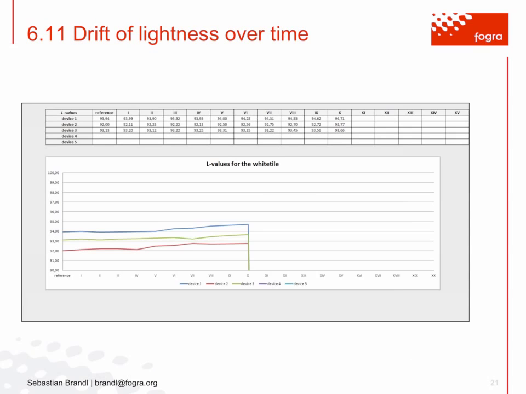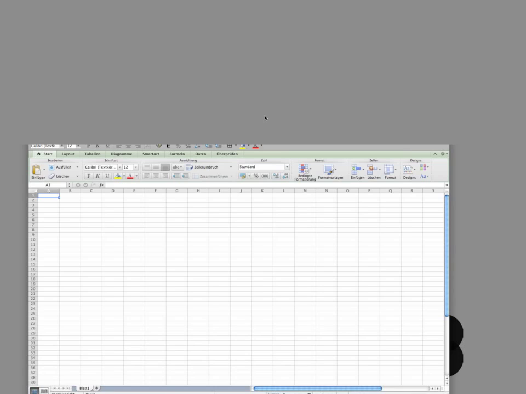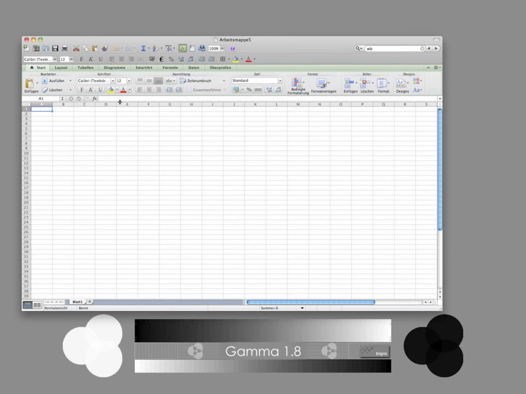And here it is enough to just compare the reference readings, because if something changes over time, you will see it in the first analysis. You see the differences in the chromaticity. And with that, I will make a quick break here and will show you how this looks in practice.